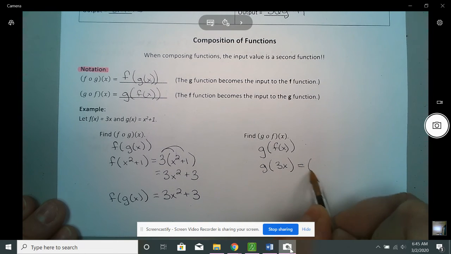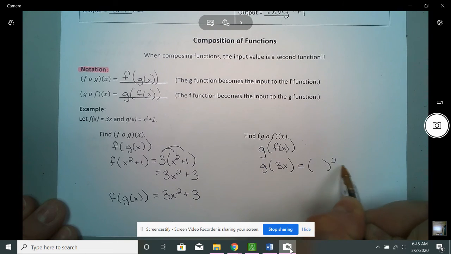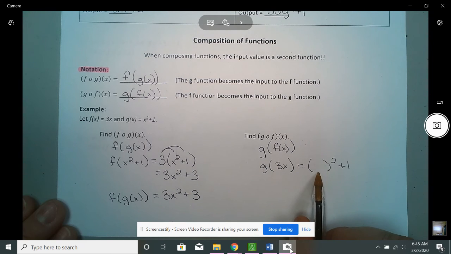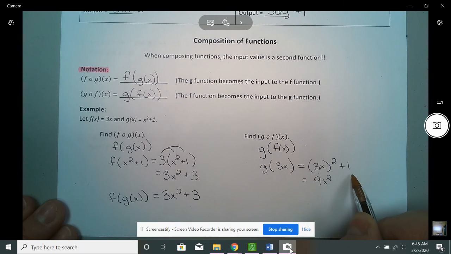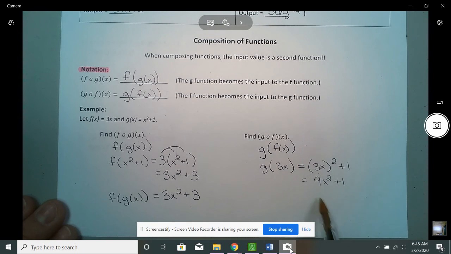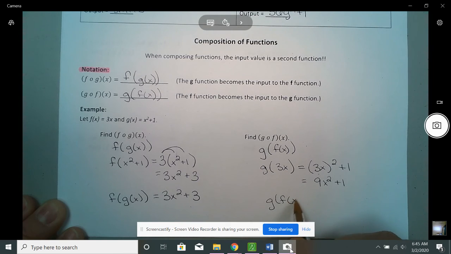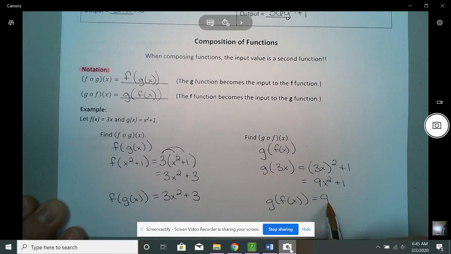So instead of x squared plus 1, the input value is now 3x. To simplify this function, I need to square the input first. So 3 squared is 9, x squared is x squared, and then add 1. This is already a simplified function. Therefore, g of f of x is equal to 9x squared plus 1.